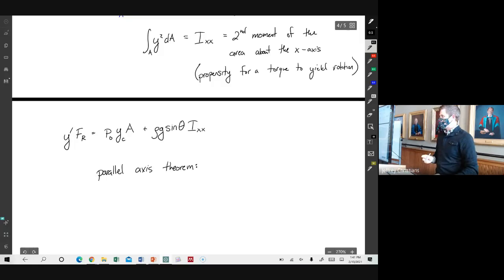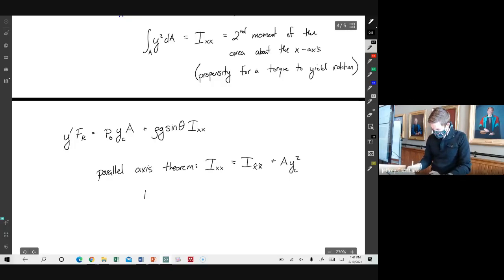You may have run into this in dynamics class, maybe statics. So in statics class, you get this I x hat, same thing but with two little hats on it, plus A yc squared.